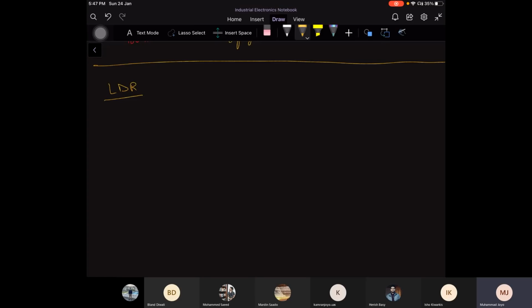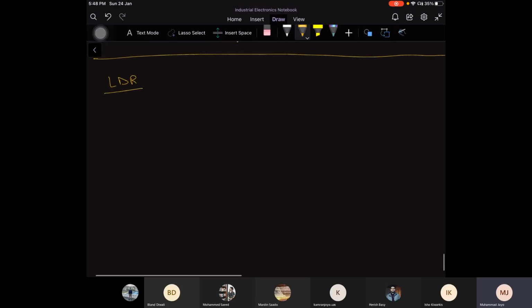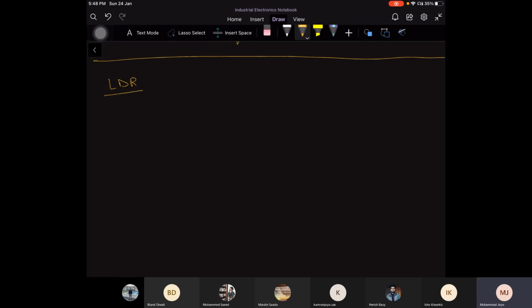Let's do one of the scenarios. If you would have noticed on your streets, there are street lights. These street lights turn on whenever there is evening.